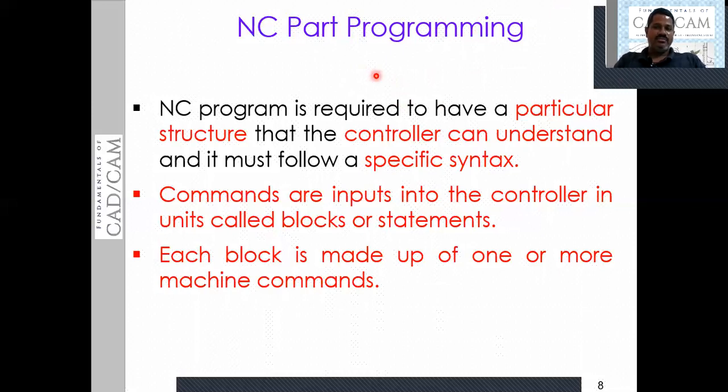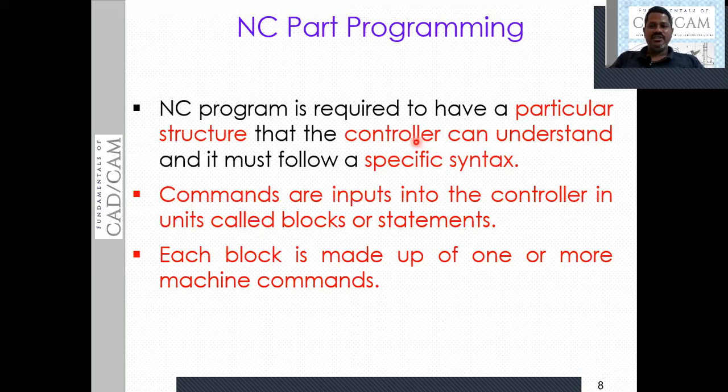To write a program in any language, there must be some syntax everybody needs to follow, and that syntax must be understood by the CNC machine. That syntax is called the structure of the program. That structure must be understood by the controller, the machine control unit.